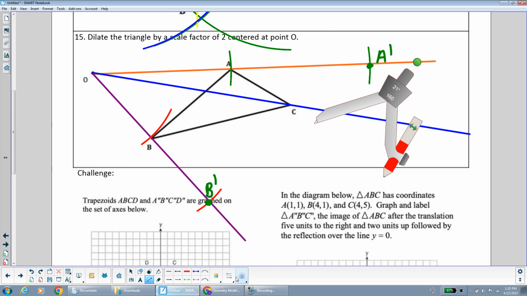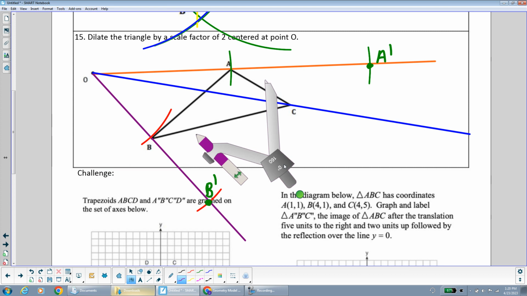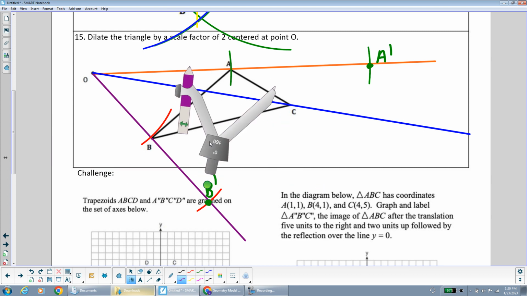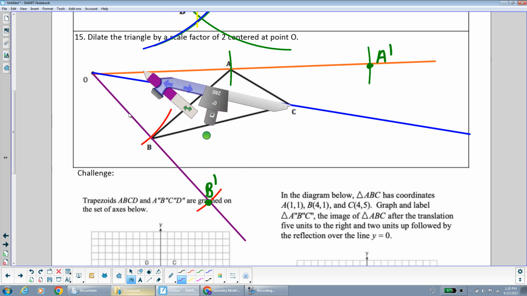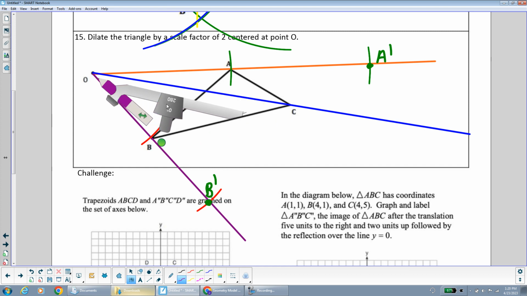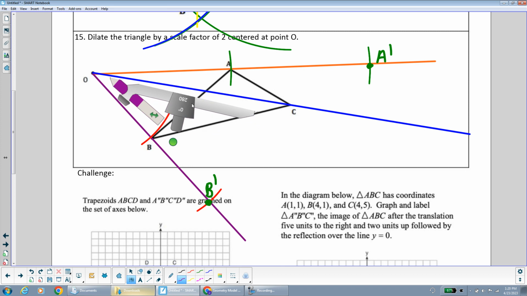Oops. Let me get a different color. Same thing again. Going to measure. I hope my compass can open that up that wide. It cannot. That's the other annoying part about doing this on the computer.